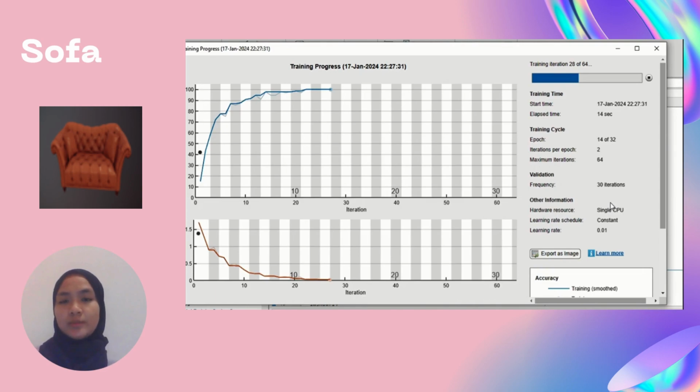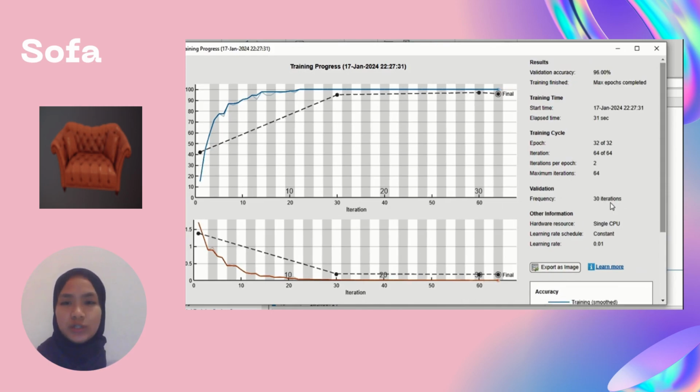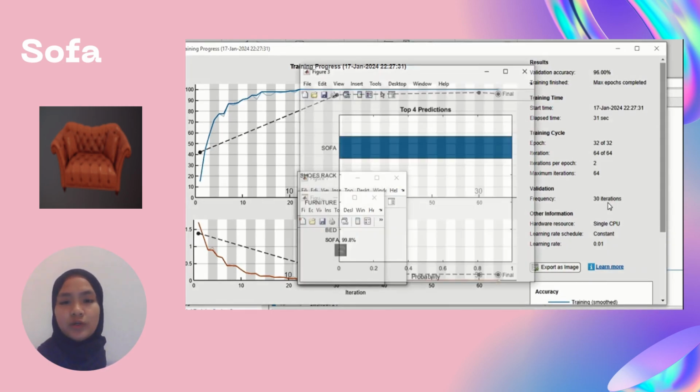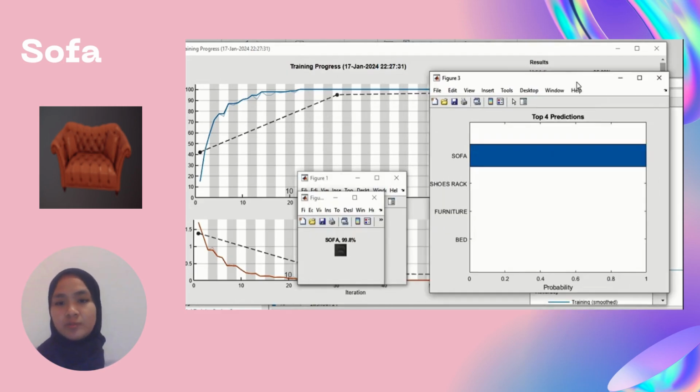And now you can see MATLAB has predicted the picture, and it shows that the picture is actually a sofa with a 99.8% probability. And referring to the prediction, we can see that the sofa got the highest probability, which is correct since it is a sofa. So MATLAB predicted the picture correctly.